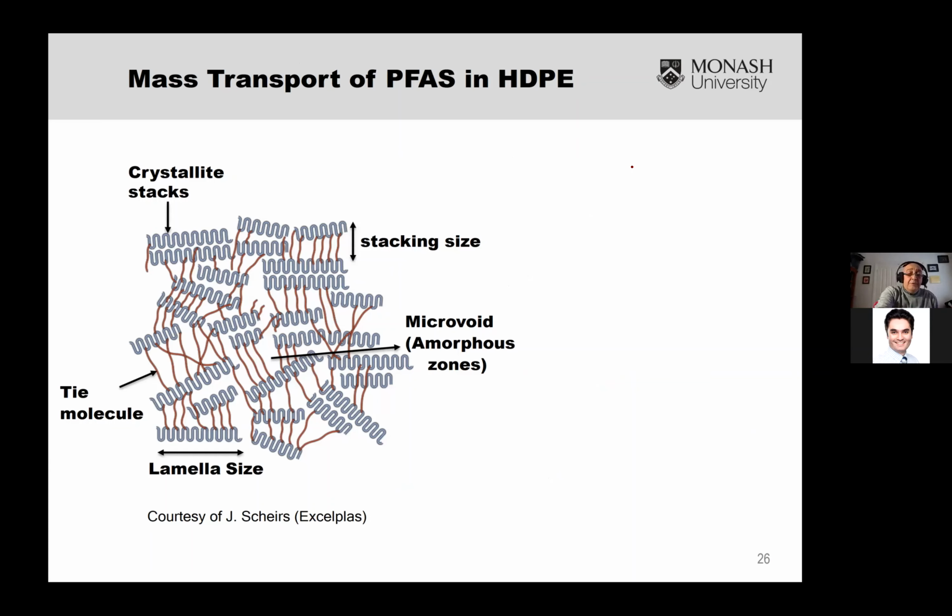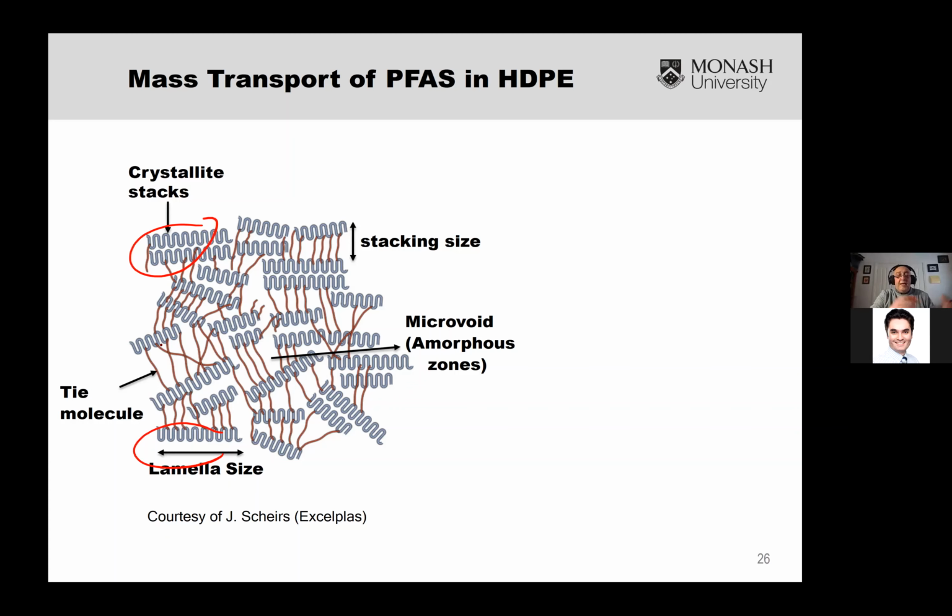What you see here are polymeric chains which are folded in a crystal lattice, and this folded chain will form what we call a lamella. You have tie molecules that link each crystallite. This in a way represents the amorphous zones, which are really permeable.